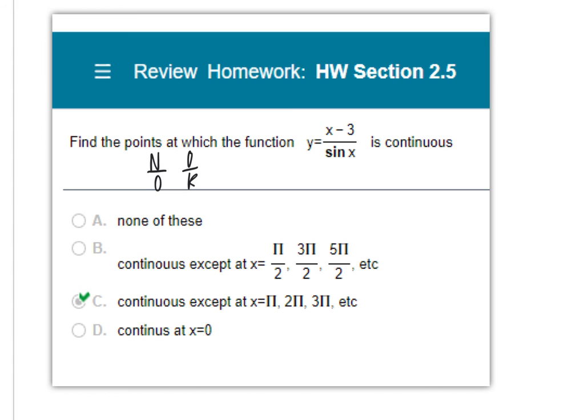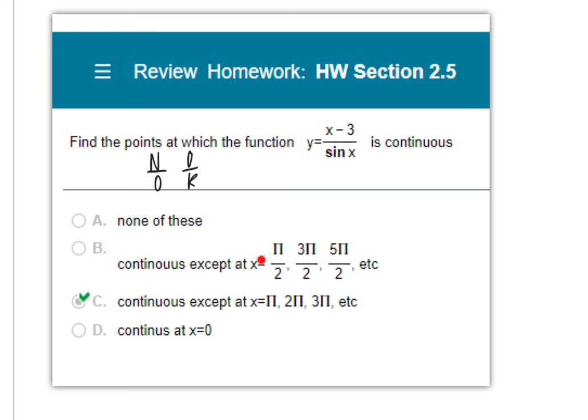So let's look at B, C, and D. Continuous at x equals 0. Now that's tempting, because we know that this needs to be 0 down here, but it's where the sine of x is 0, and sine of x is 0 at those intervals of pi. Literally pi, 2 pi, 3 pi, and so forth. Continuous everywhere except that. So that's why this is the answer.